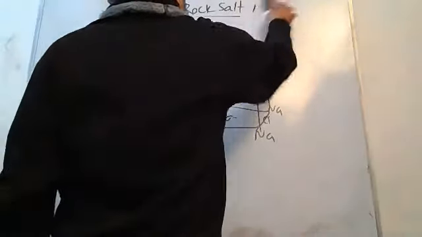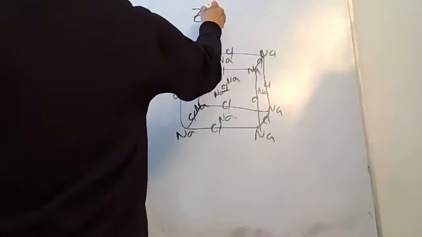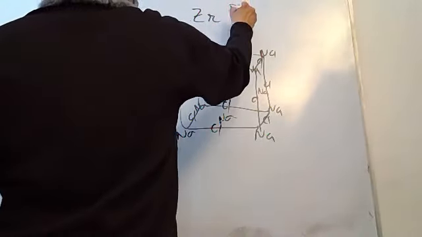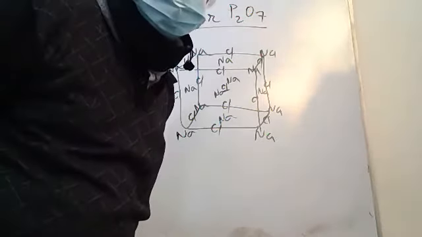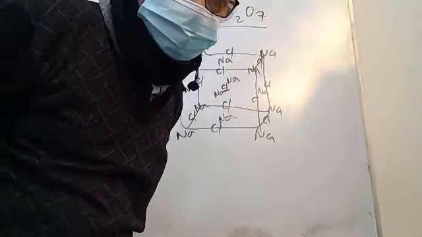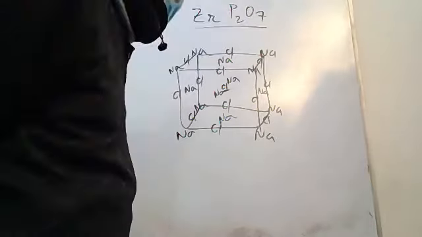For example, if you look at zirconium pyrophosphate, ZrP2O7. Quite interestingly, zirconium pyrophosphate also adopts sodium chloride structure.